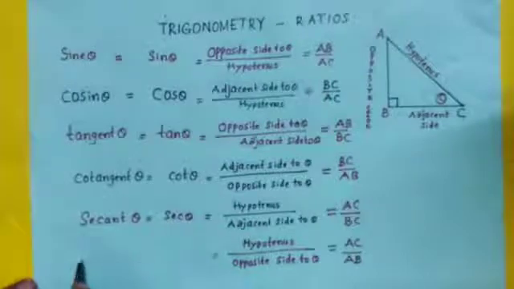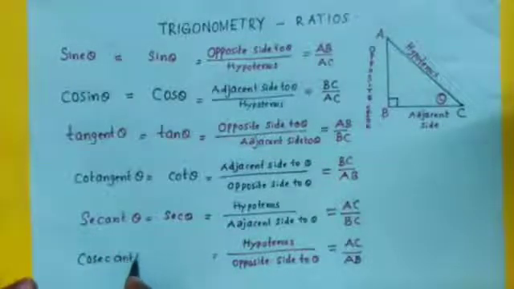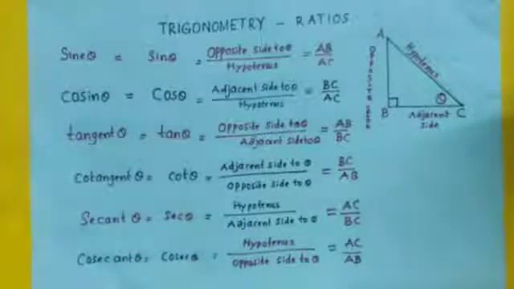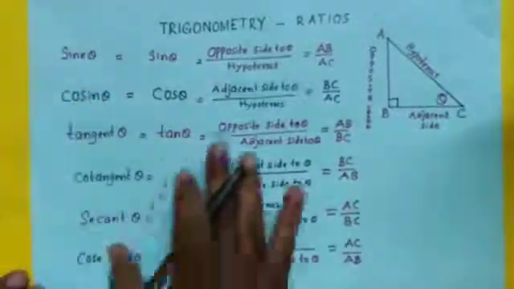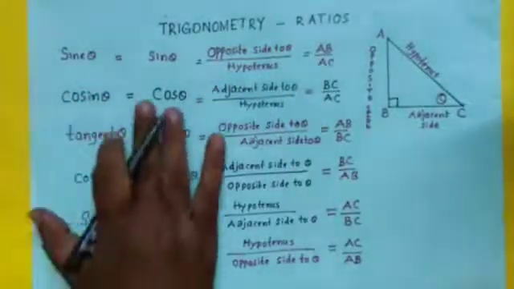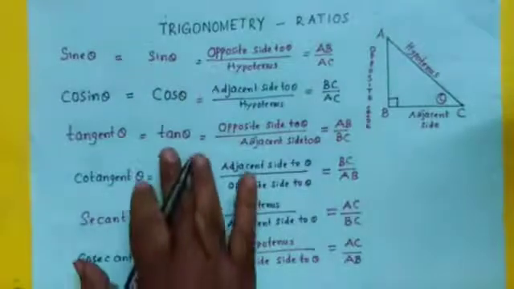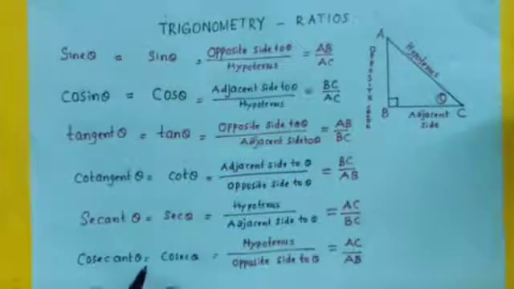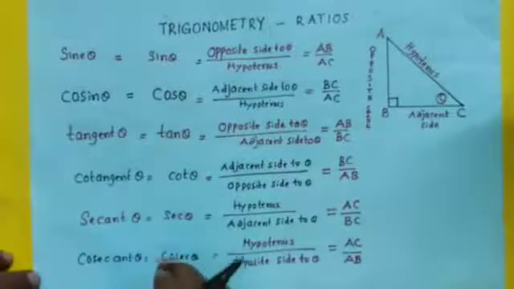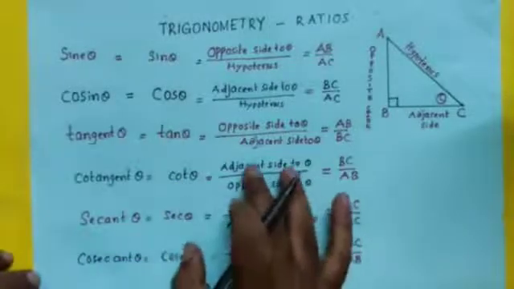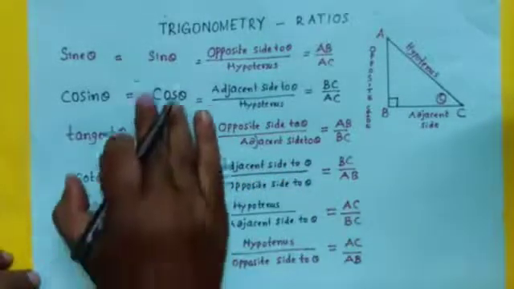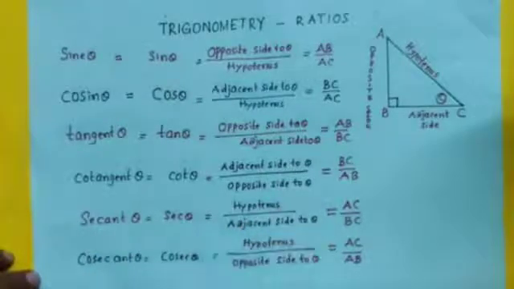And this is cosecant theta, briefly cosec theta. Is it clear? Sin theta means opposite side by hypotenuse, cos theta means adjacent side by hypotenuse, tan theta means opposite side by adjacent side, and cot is reciprocal to tan, that is adjacent side by opposite side. Sec is reciprocal to cos, that is hypotenuse by adjacent side. Cosec theta is the reciprocal of sin theta, that is hypotenuse by opposite side.